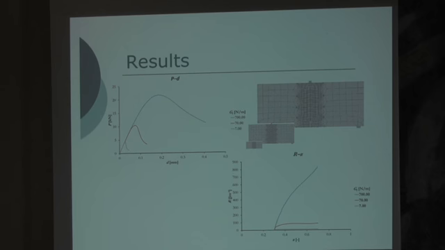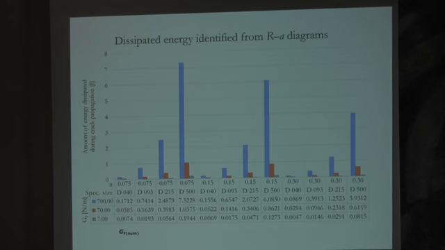It can also be seen in this graph of dissipated energy, the total fracture energy obtained from the resistance curves, transformed from the loading diagrams. It's simply the numerical energy obtained from the areas under the loading curves. On this axis, you can see the initial relative crack length.